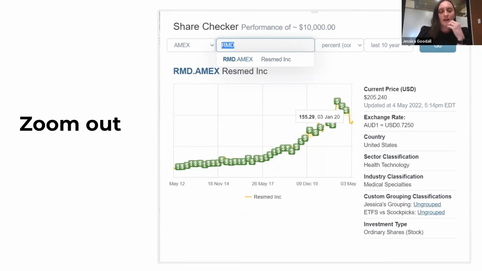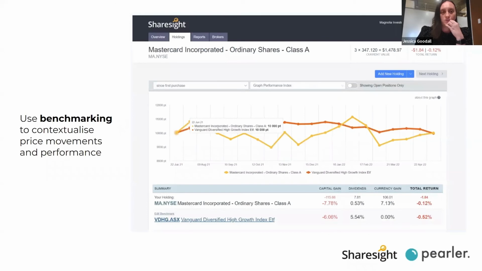So I've zoomed out. The next thing that I really want to do is I want to understand my performance. So one of the things that I've embarrassingly fallen foul of as an investor in the past is I have made an investment, generated a return, although not in this example, we'll touch on that in a moment, generated a return and given myself a pat on the back and said, "You're an excellent investor, Jessica, well done, aren't you brilliant?"